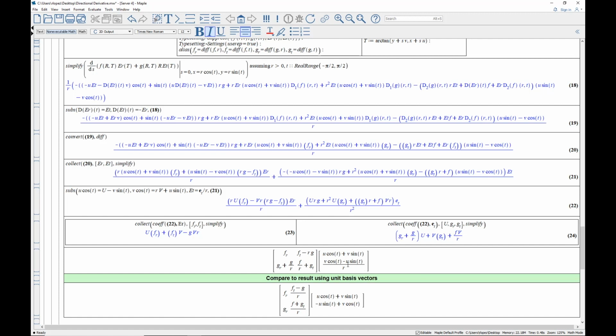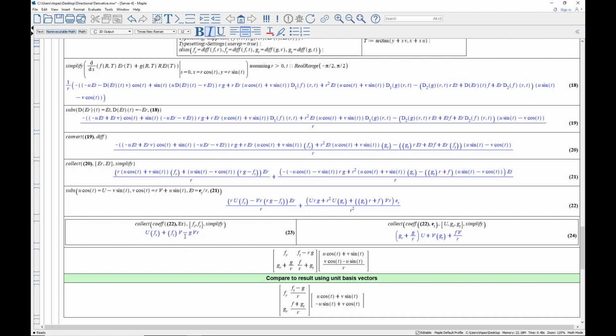So if we just write what we're looking at, we have 7 terms, right? 1, 2, 3, 4, 5, 6, 7. These are what we obtained when we worked with pencil and paper symbolically.